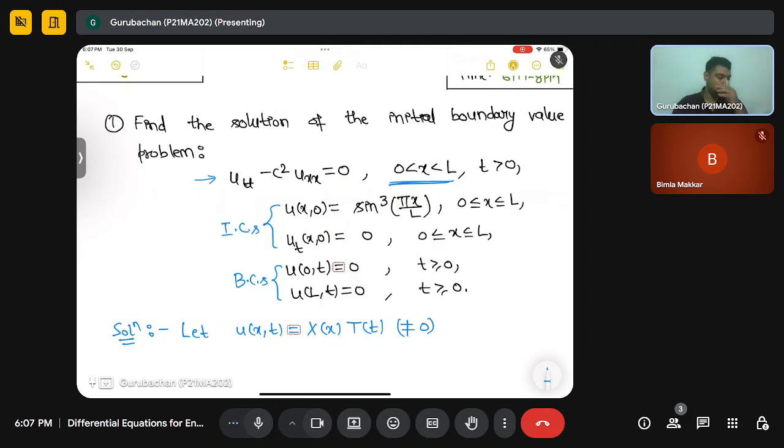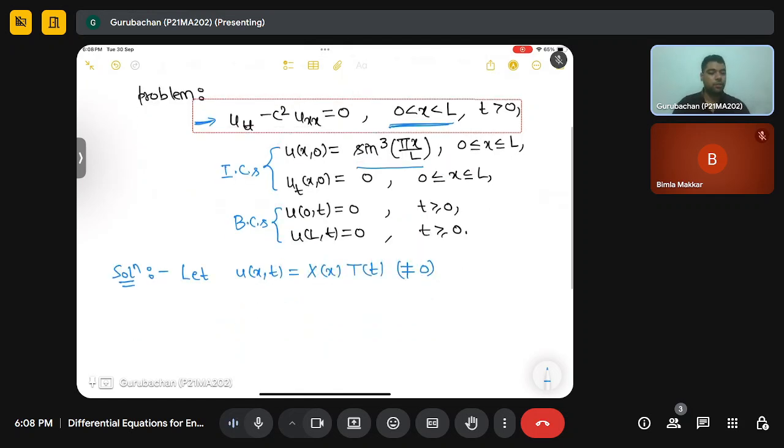Obviously we target to find a non-trivial solution. We generally focus on a non-trivial solution, although the trivial solution may satisfy the wave equation, it might not satisfy the boundary or initial conditions. So we are aiming to get a non-zero solution.